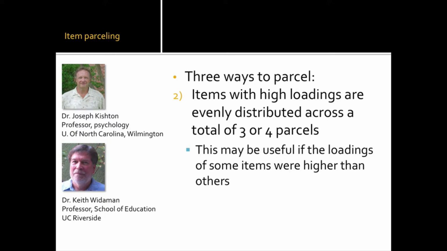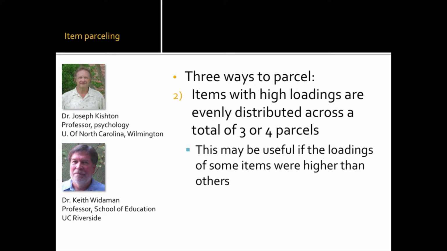Well, then that particular parcel is going to load poorly onto the factor itself because it's composed of a bunch of poor loading items. So this is just something useful to preserve the quality of the latent variable and the quality of the factor loadings.